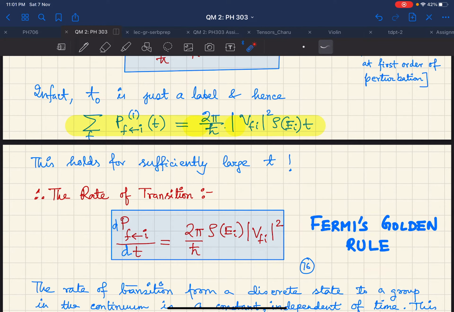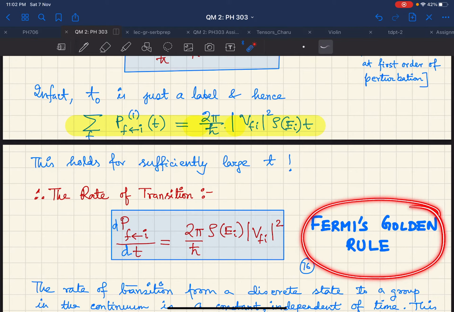If the transition is from some discrete initial state to some state which is lying in the continuum, that gave us the transition rate, or the probability of going from the initial state to the final state per unit time, which we call the rate of transition.